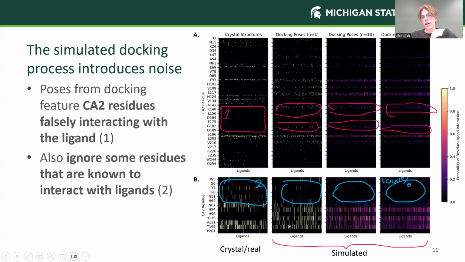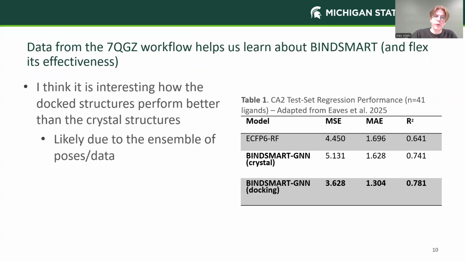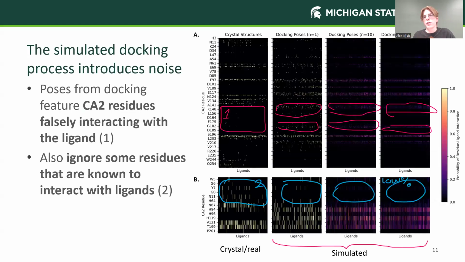But with the simulated docked poses, there's more of a low percentage on that top half, which I thought was kind of interesting, especially in the face of the docking outperforming the crystal structures, even with all that noise. So that tells me that as our docking tools get better and have less and less noise, the regression performance is just going to get way better as less junk is introduced.